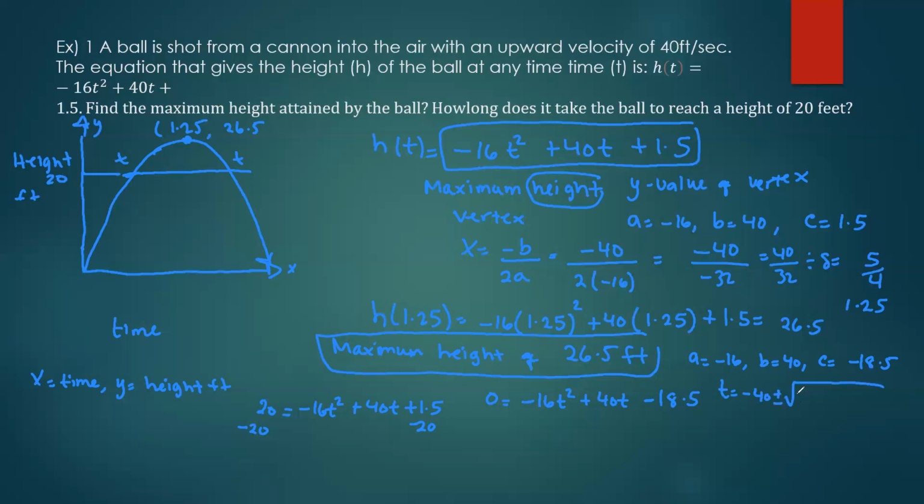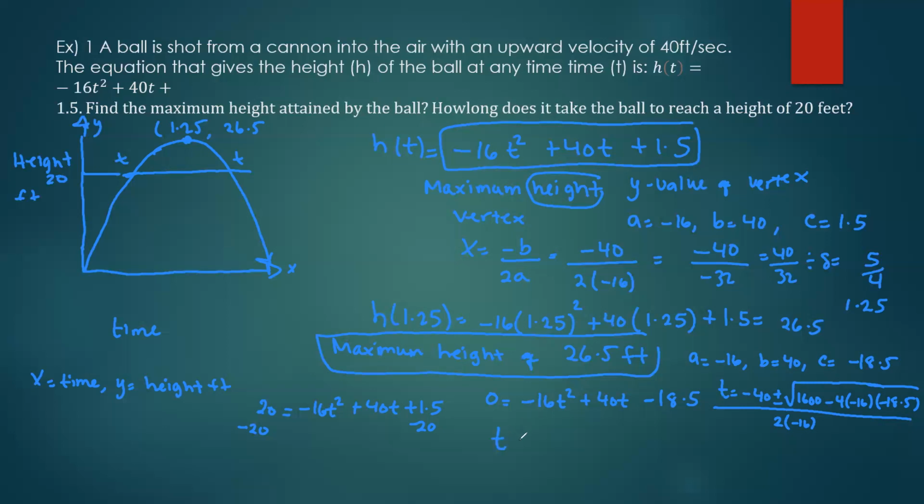Well, b is 40, b squared would be 1600, minus 4 times ac, so a is negative 16, and c is negative 18.5, all over 2 times negative 16. I'm going to save you guys work, so I'm just going to put it in, and when you do all the work, you should get 2 times.